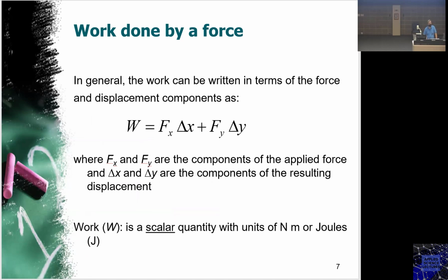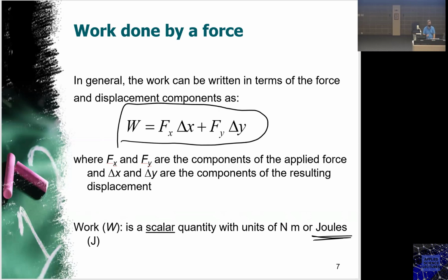This work is a scalar quantity. The unit for the work is joules. Again, this is what we have shown as a general approach for calculating the work in a two-dimensional problem, where the coordinates have an angle with both of those vectors.